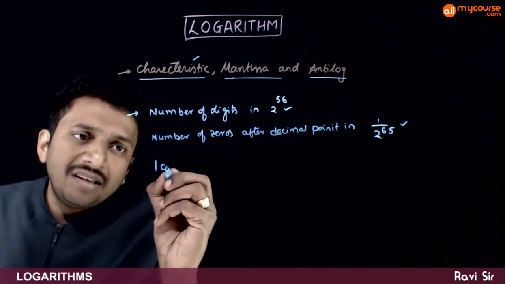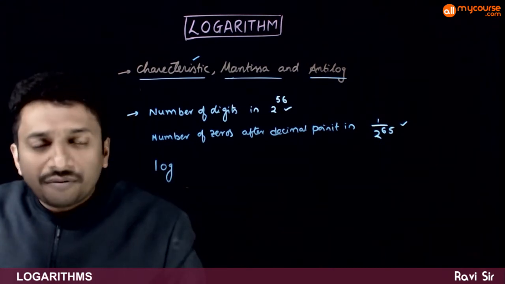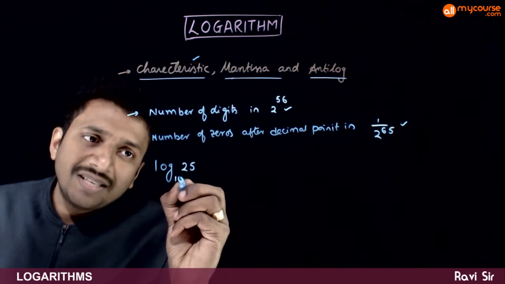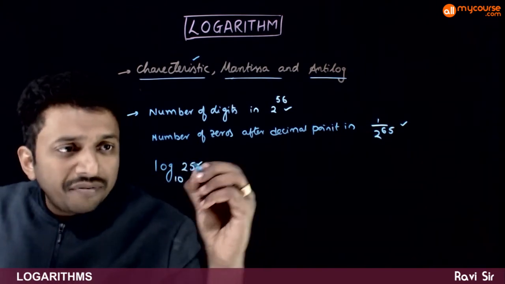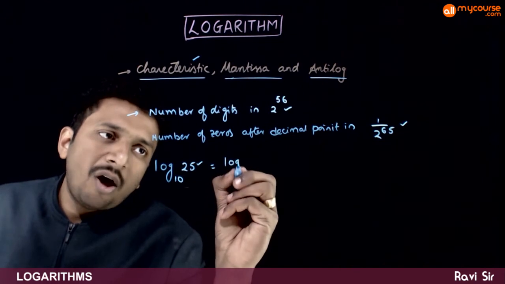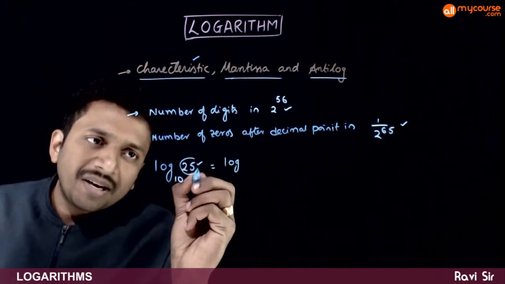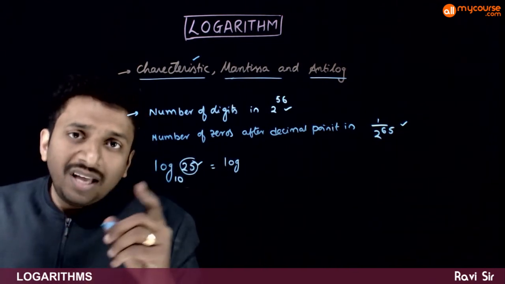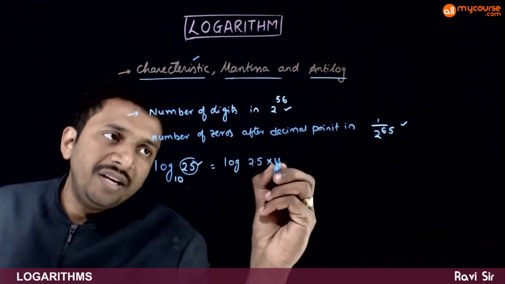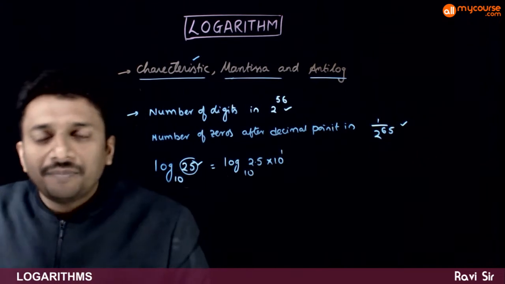So if I take log of 25 to the base 10, if I find log of any number to the base 10, this number can always be written in the form of something like this, 2.5 into 10 power 1, to the base 10.